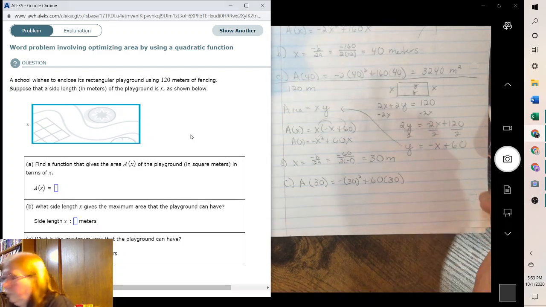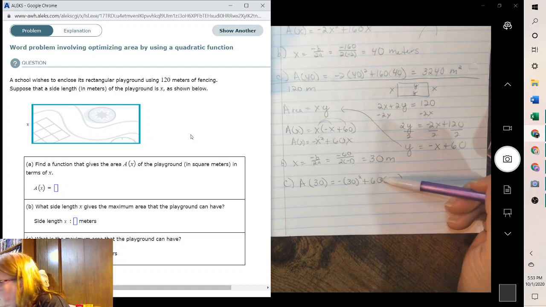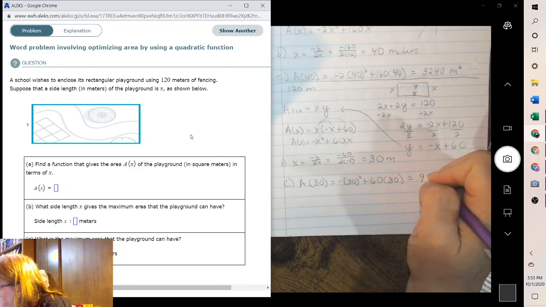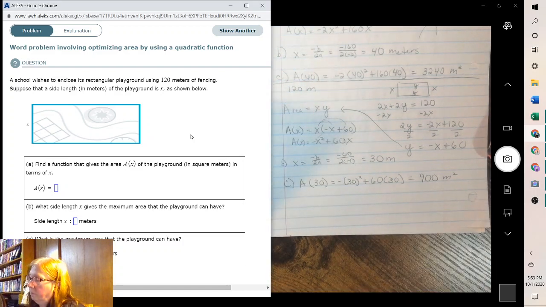Okay, I keep getting a different answer. Negative 30 squared plus 60 times 30 is 900. Okay, that's right. So that's all there is to those.